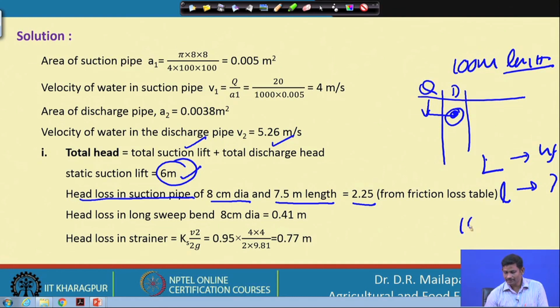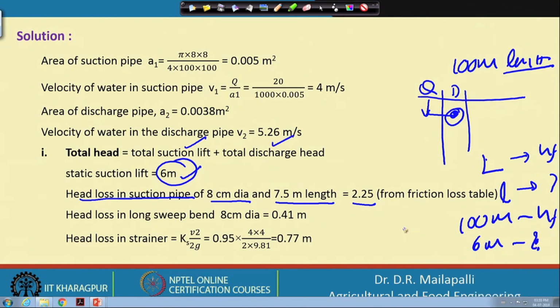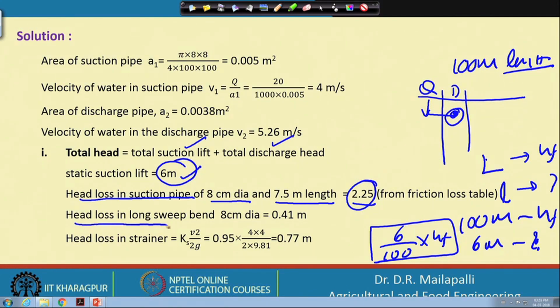Suppose this is 100 meter, you get HF, and for 6 meter it is 6 by 100 into HF. That will be 2.25. And head loss in the long sweep bend, 8 centimeter diameter, is 0.41.